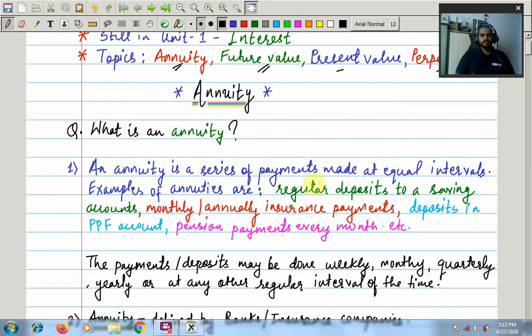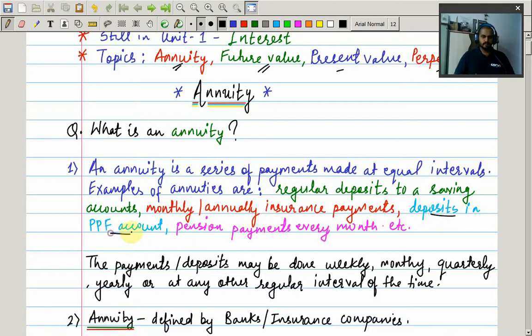Examples of annuities are regular deposits to a savings account, monthly or annual insurance payments, deposits in a PPF account, pension payments every month, etc. So there are many more examples of annuity plans.